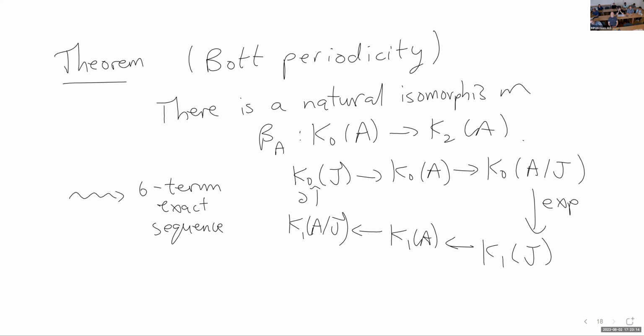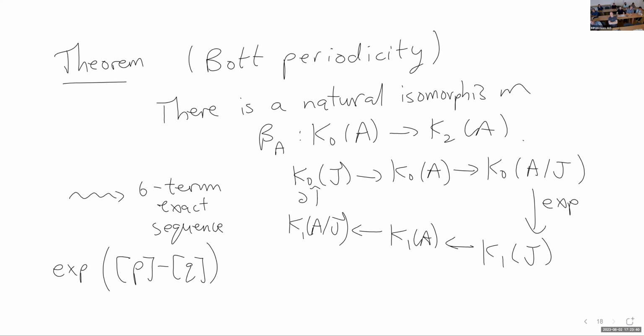So first of all, this exponential map is defined like this. It is defined on K0 of the quotient, so its input is a difference of projections, where P and Q are in some matrix algebra over the quotient. As I said, we can't in general lift a projection to a projection, but we can lift to a self-adjoint element.